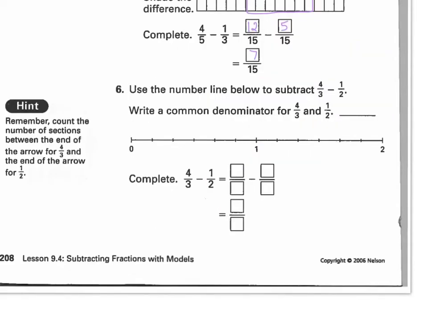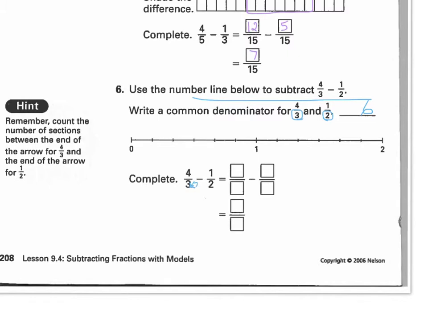Let's do another question, this time using a number line. We're going to subtract 4/3 and 1/2. Common denominator for 3 and 2 is going to be 6. What do I do to the 3 to make a 6?